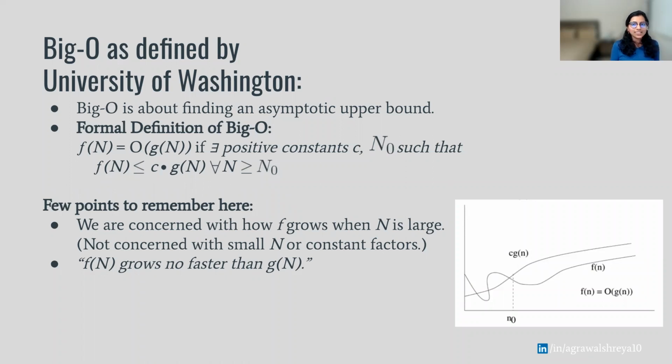Now, these are heavy words, asymptotic upper bound, but what does this really mean? Upper bound is the worst case, or the maximum number of computations that can be expected by a code to get performed to achieve a desired output.